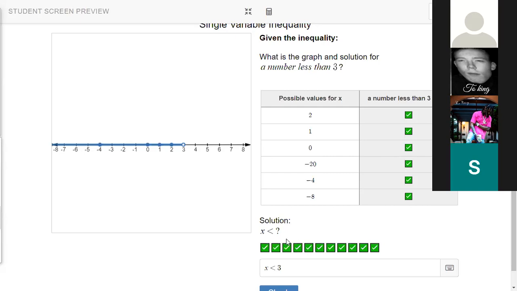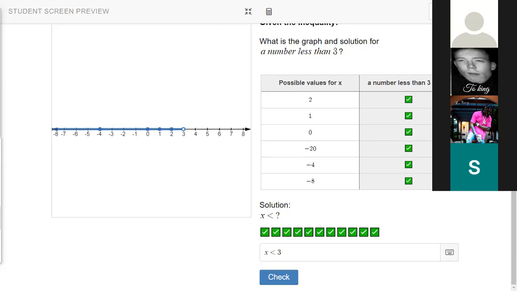So make sure at slide 4 you have all green and all green. Then go to slide 5. Okay, Charvez, Charlize, finish up slide 4.